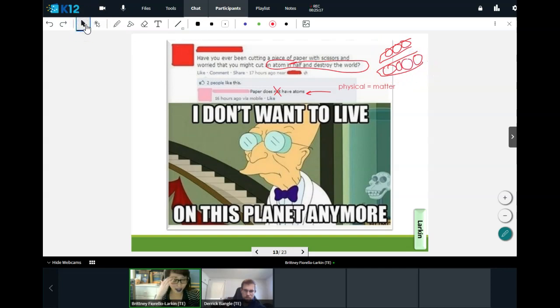So in our mind, think of it like a planet trying to cut through half of another planet. That's not going to happen. They're just going to push each other apart, which is how scissors work. The atoms in the scissors push apart the atoms in the paper in order to split it in half, but at no point do you actually cut a single atom in half.